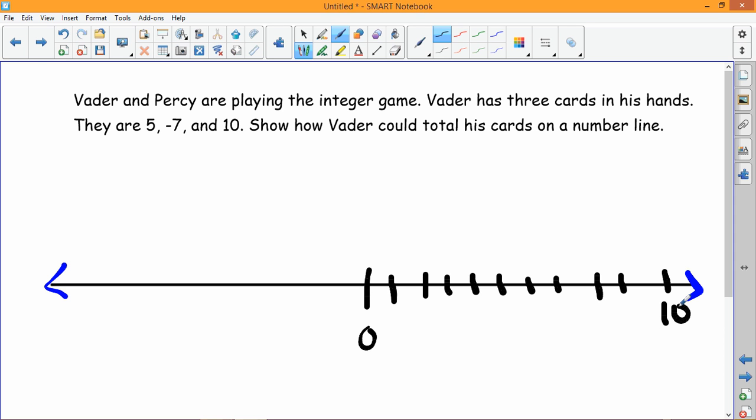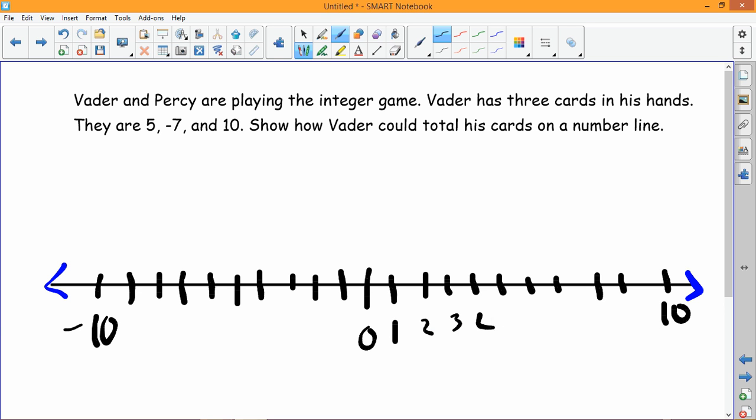And then on the negative side, 10 away from 0, it's negative 10. So it goes 1, 2, 3, 4, 5, 6, 7, 8, 9, 10.